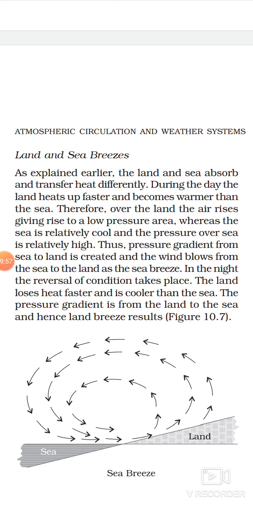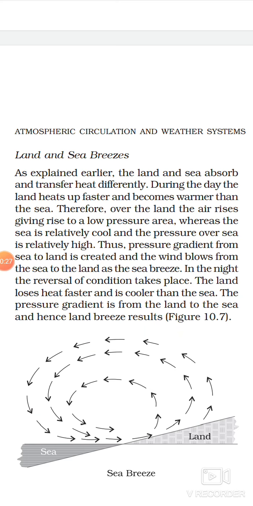As we know, wind tries to follow a path from a high pressure area to a low pressure area. So the wind present over the surface of the sea, which is part of the high pressure zone, will follow to the low pressure zone which has already been created over the landmass due to the higher solar insolation.